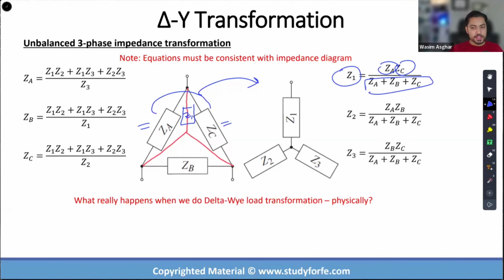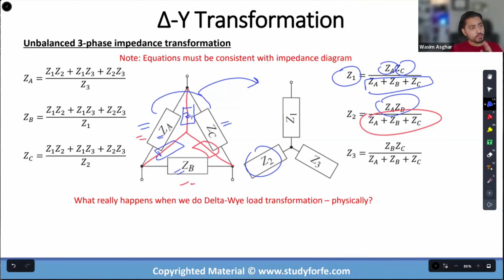Now let's take a look at Z2. Z2 is the one that is squeezed in between ZA and ZB. So what ends up in the numerator? The product of these two impedances divided by the sum of the three. And when we are looking at Z3, the reference handbook doesn't go out and explain to you how you have to arrange it.